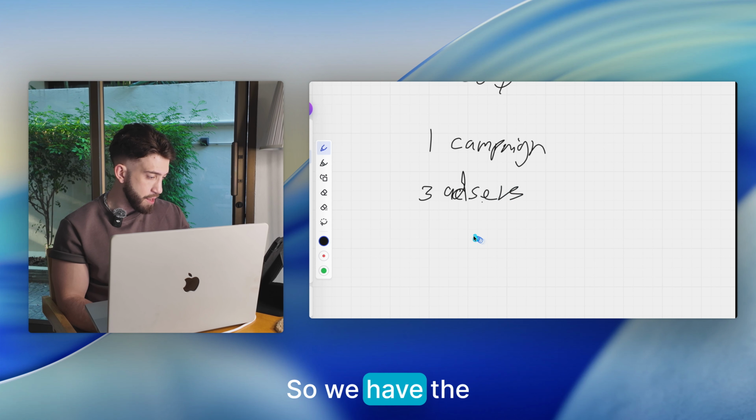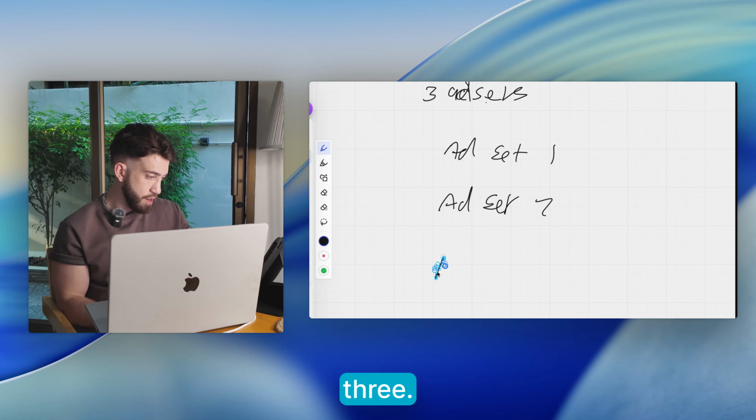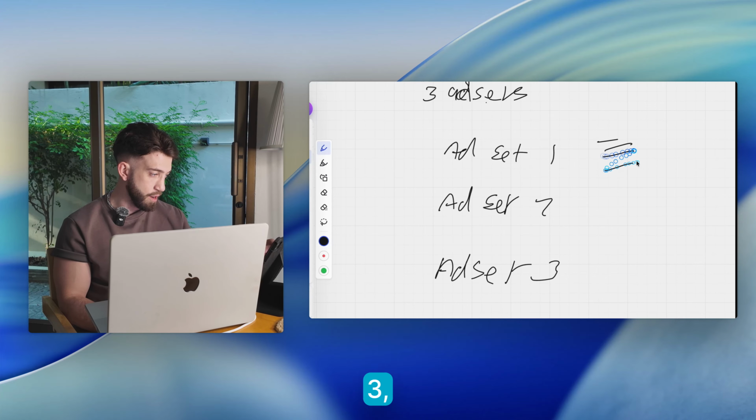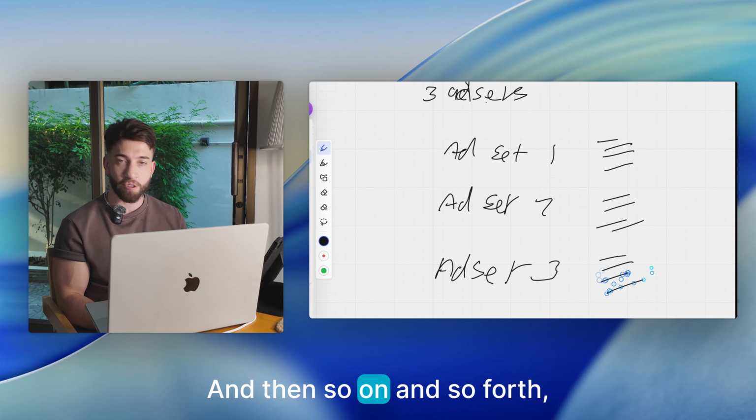So we're going to have ad set 1, ad set 2, ad set 3, and then in these ad sets, you're going to have ads within that. So you might have 1, 2, 3, 4 ads in that ad set, 1, 2, 3, 4 ads in that ad set, and so on and so forth, right?